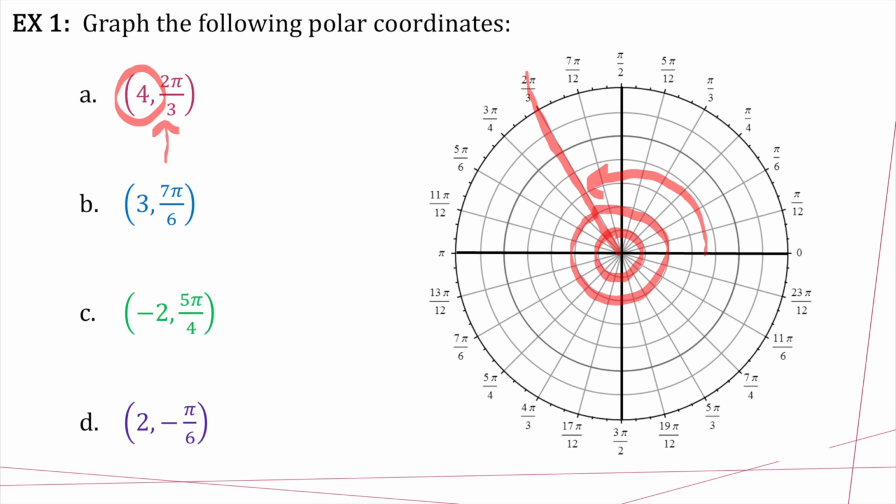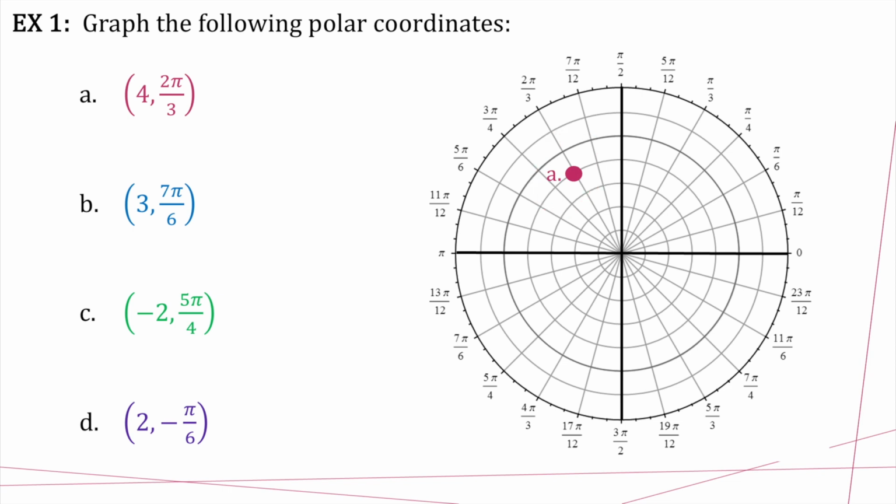So let me clean this up a bit. On the 2 pi over 3 line, we're going to count 1, 2, 3, 4. Right there. So our point A is 4, 2 pi over 3, and there it is.